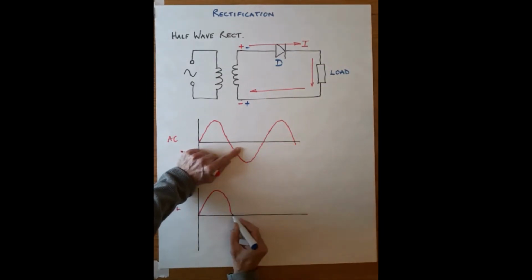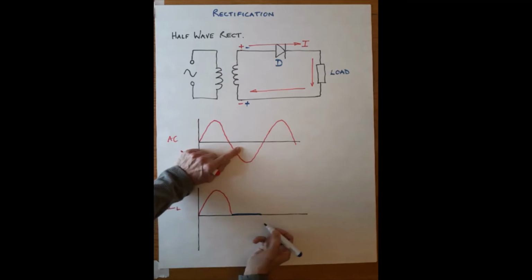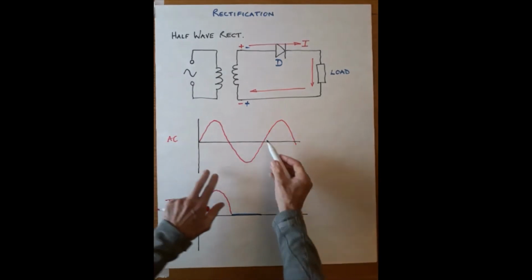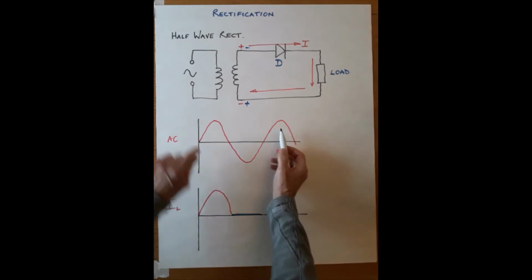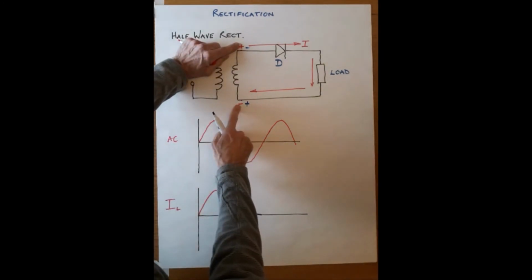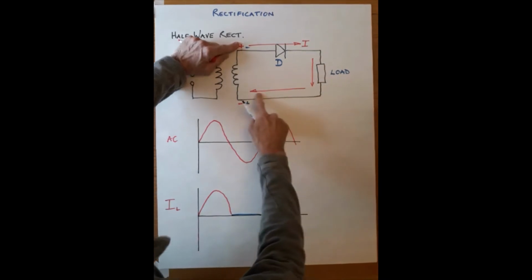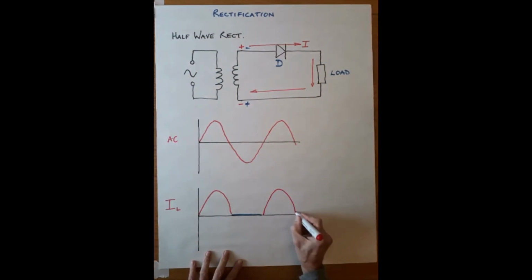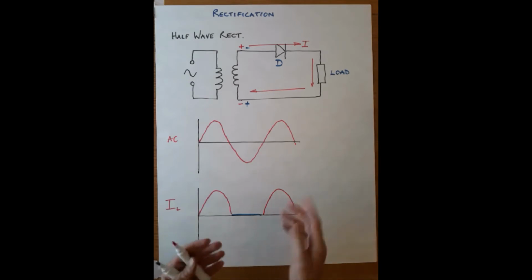So we have nothing. This is our AC supply carrying on and on, and the next positive half cycle arrives and we get back to this situation and the current flows through the load again. So this process will repeat on and on.